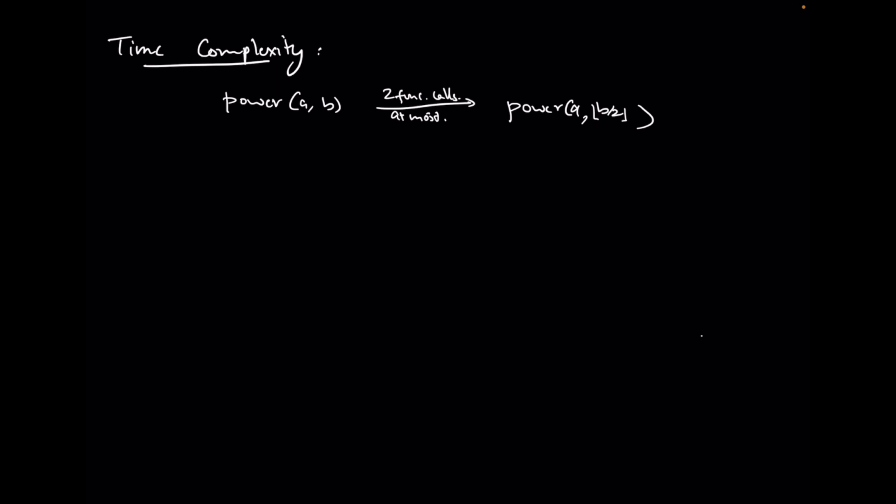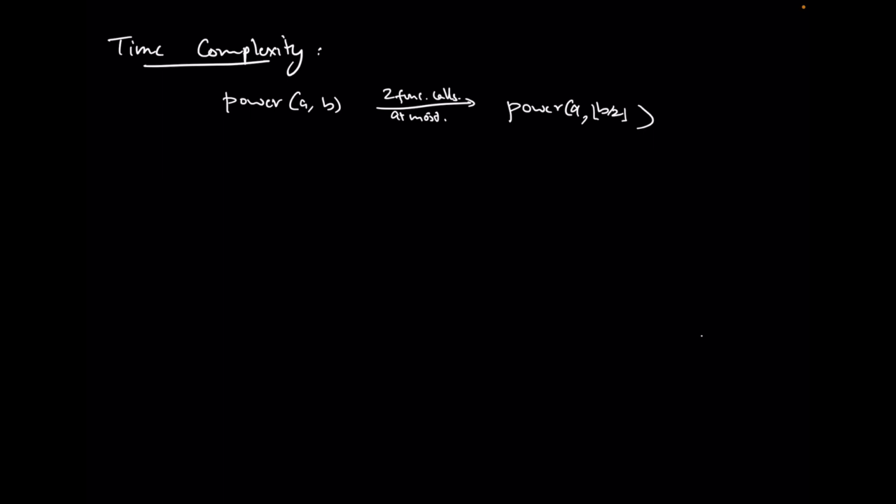The problem of calculating power of a comma b can be reduced to the problem of calculating power of a comma b by 2, or in other words, the floor of b by 2, in at most 2 function calls, right? And the logic for that is that if b is even, then we straight away know that the sub problem we have is power of a comma b by 2, right?